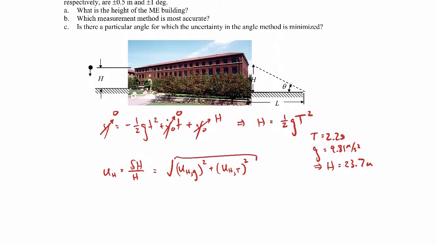Well, first of all, the first term, we're going to say is very, very small, so we'll neglect it. The reason is that we typically know the acceleration due to gravity accurately, so the uncertainty in the time measurement just far outweighs the uncertainty in the gravitational acceleration.